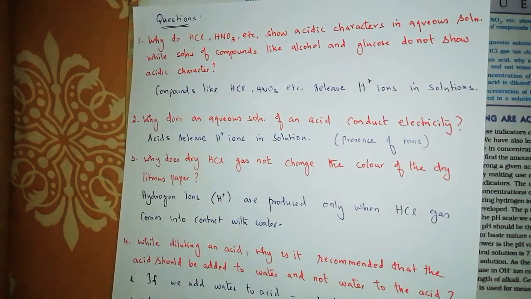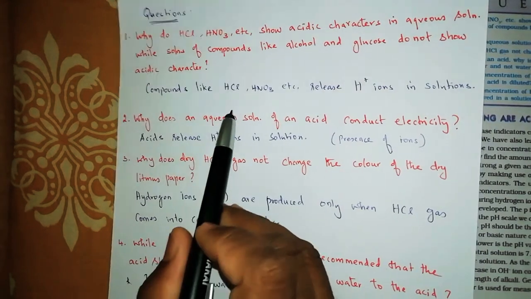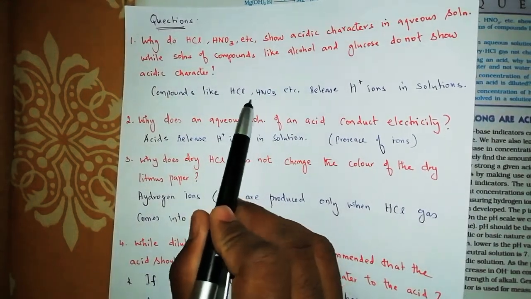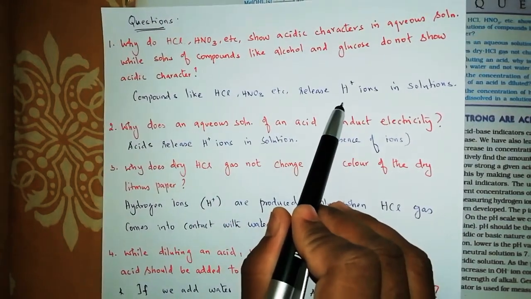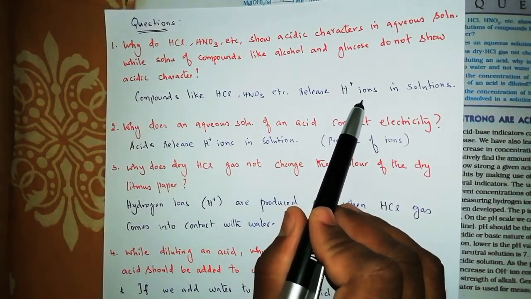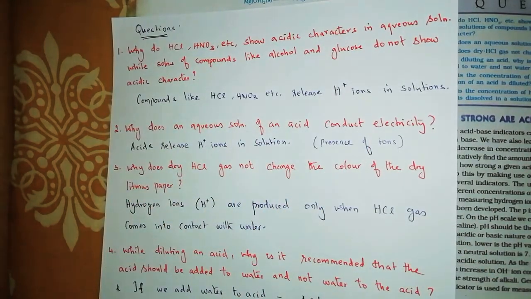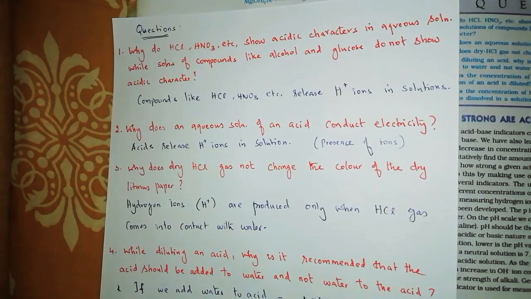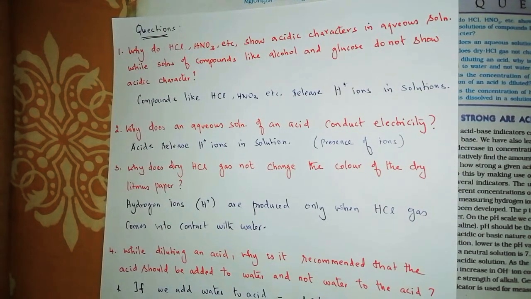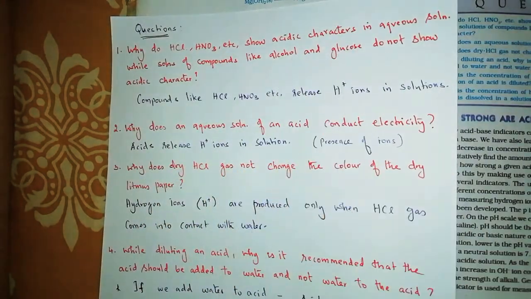Okay, first question. Why do hydrochloric acid and nitric acid show acidic character in aqueous solution, while solutions of compounds like alcohol and glucose do not show acidic character? Yesterday we did this. The reason is that hydrochloric acid and nitric acid, that means acids, always release H plus ions, and that is why they show acidic character.